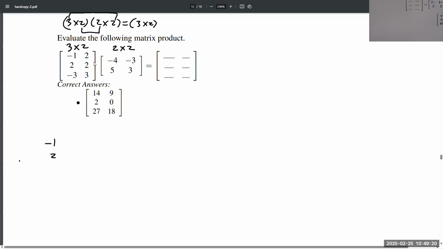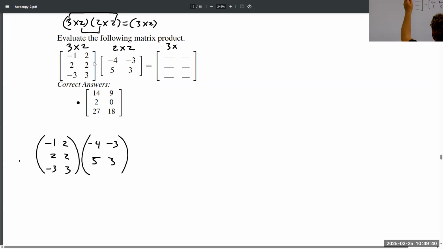-1, 2, -3, 2, 2, 3, and -4, -3, 5, 3. So we're going to get a 3 by 2 out of this process. Row by column.